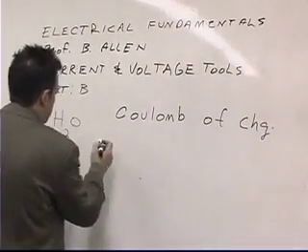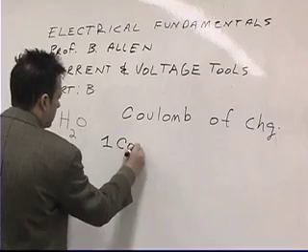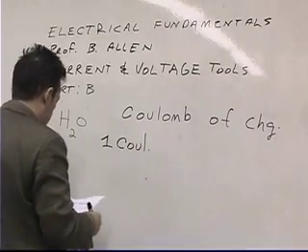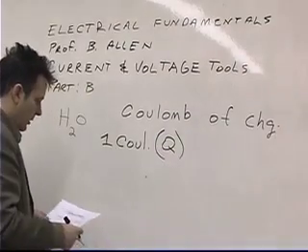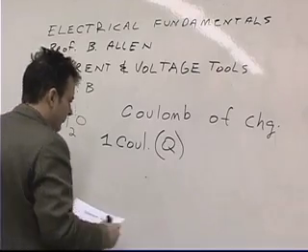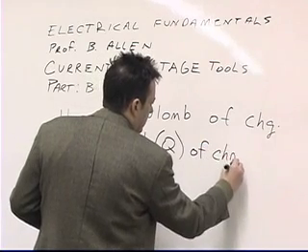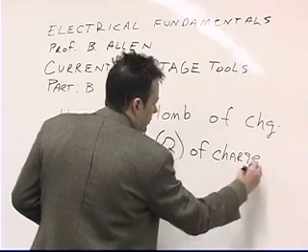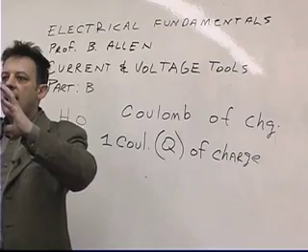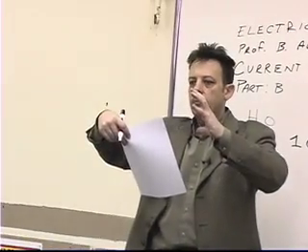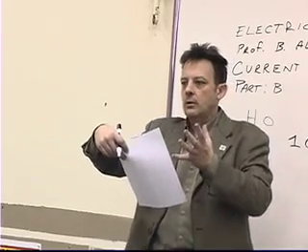1 Coulomb, check out these numbers. 1 Coulomb, I'll abbreviate C-O-U-L. It's also abbreviated as a capital Q in a lot of books and manuals. 1 Coulomb of charge. The reason we say of charge is because when we have a big clump of electrons all gathered together, we have a negatively charged ball of energy.